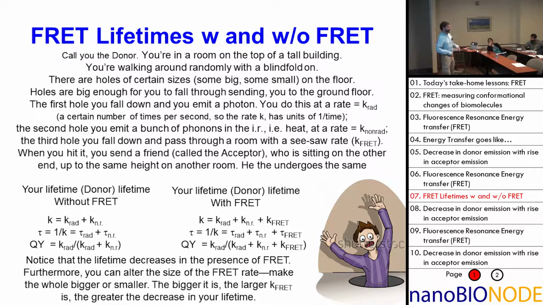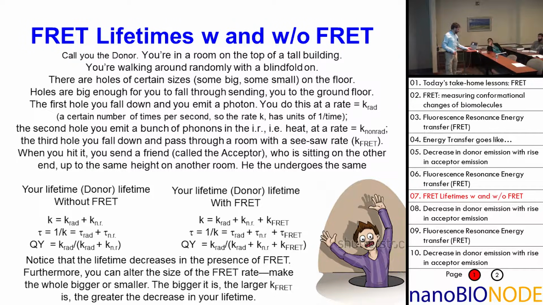Okay, so you can actually measure the energy transfer either by a decrease in the donor intensity in the presence of acceptor, or you can measure a decrease in the donor's lifetime in the presence of acceptor. And that's good.